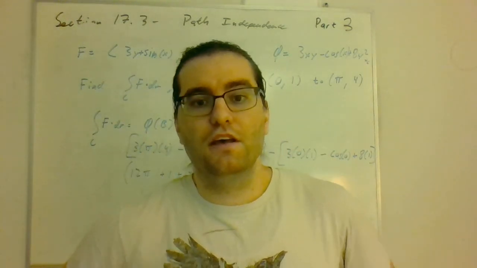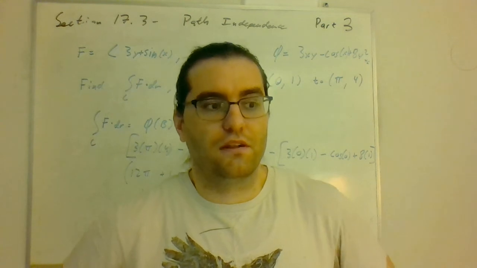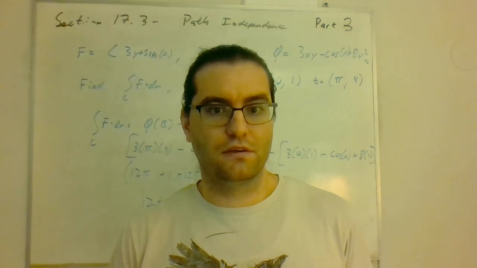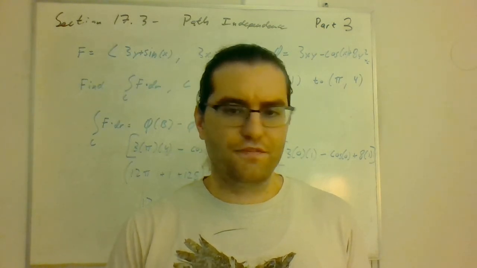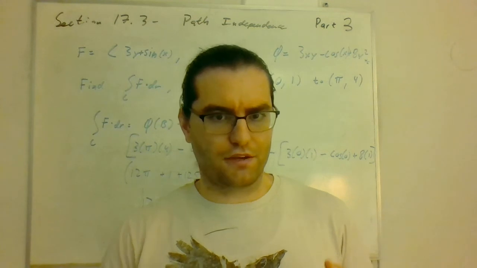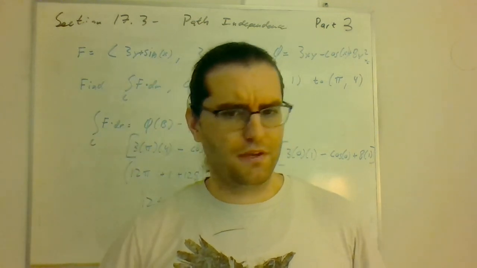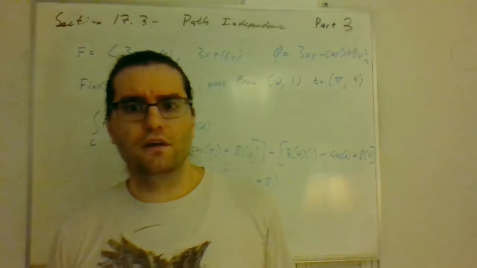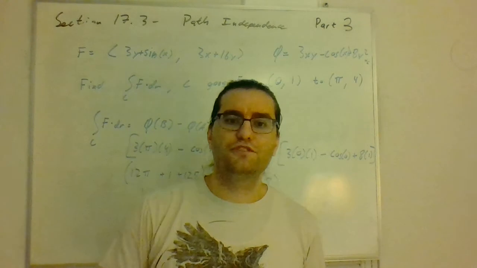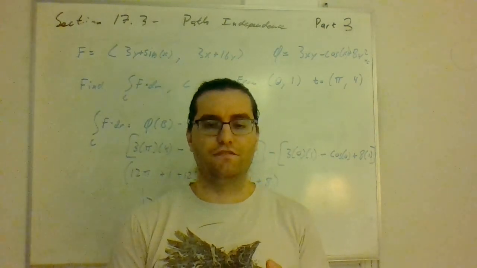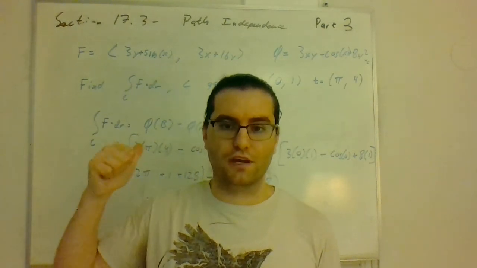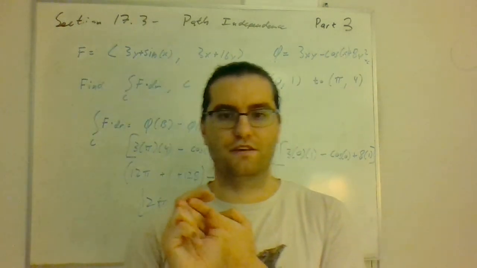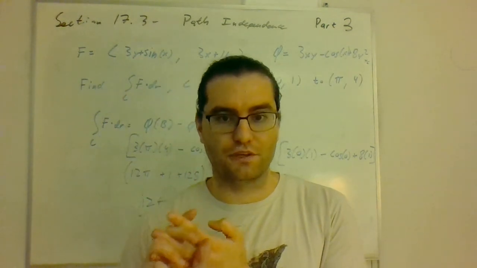Some of those line integrals are going to be over vector fields that are path independent, where if you just brute force it, you'll get through. It'll be hard, but it'll be doable. It'll just kind of be a waste of time on your final. If you check for path independence and you find that it is path independent and you use this shortcut, it's going to be much faster and much easier, and it's going to leave you a lot more time for the rest of the exam. And I'm not going to tell you which one to use.